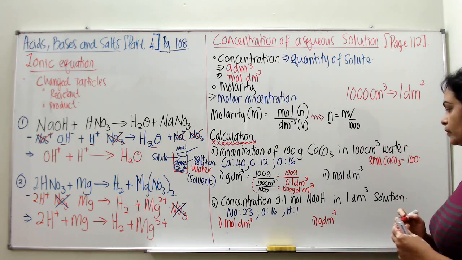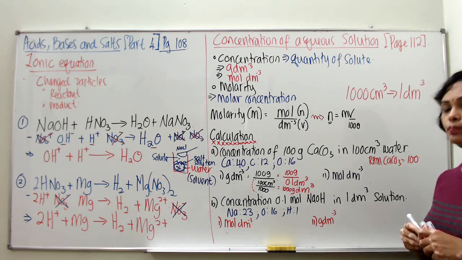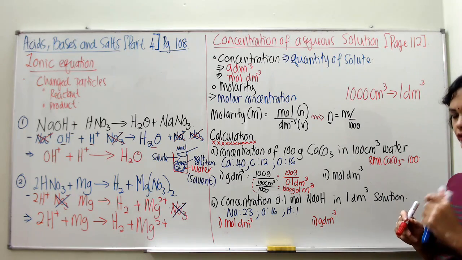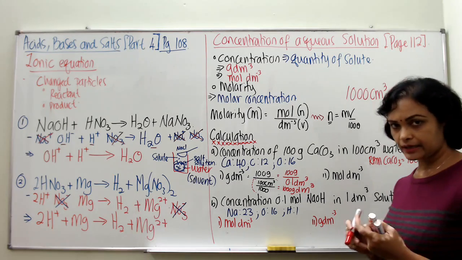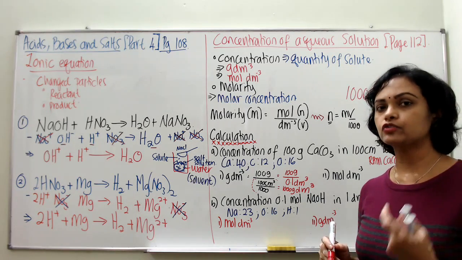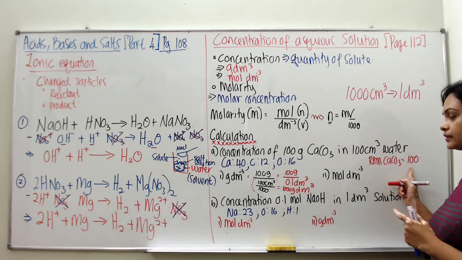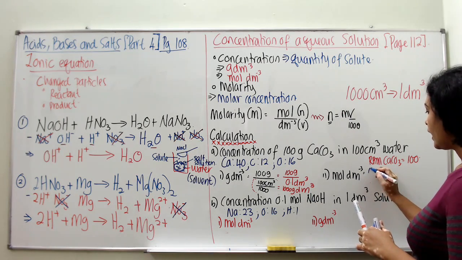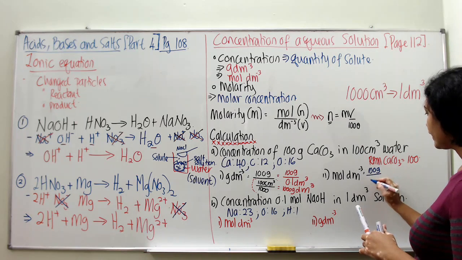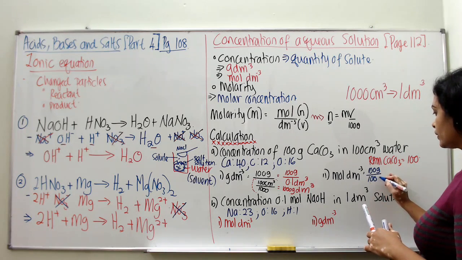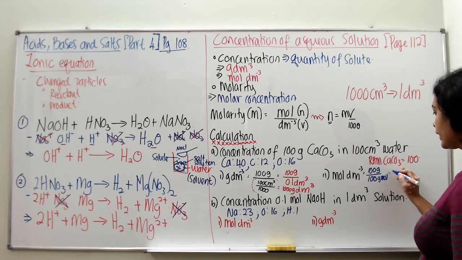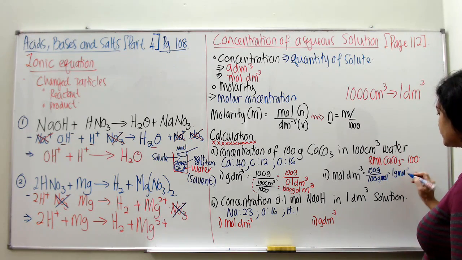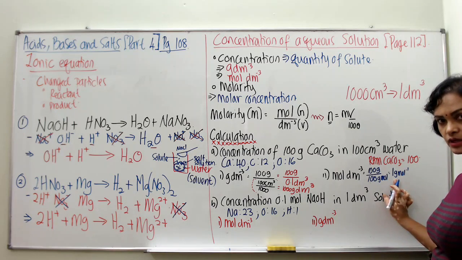If you take your calculator and calculate, you will find that it is 100, and that is the molar mass. Now, how do you find the mole? 100 gram divided by 100 gram per mole. You get 1 mole.